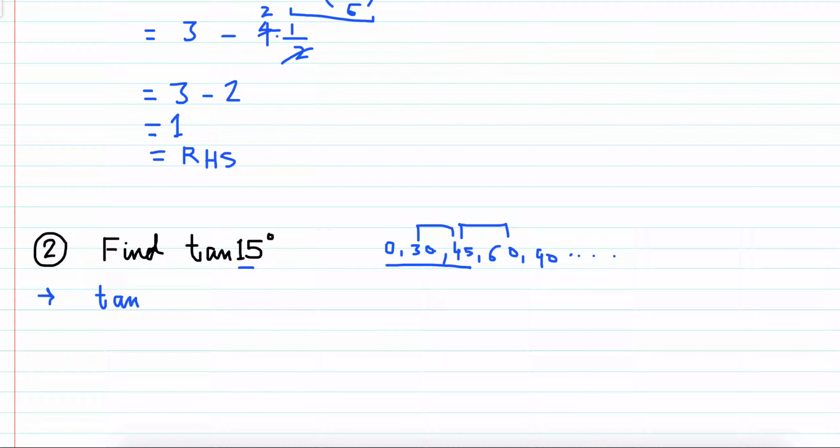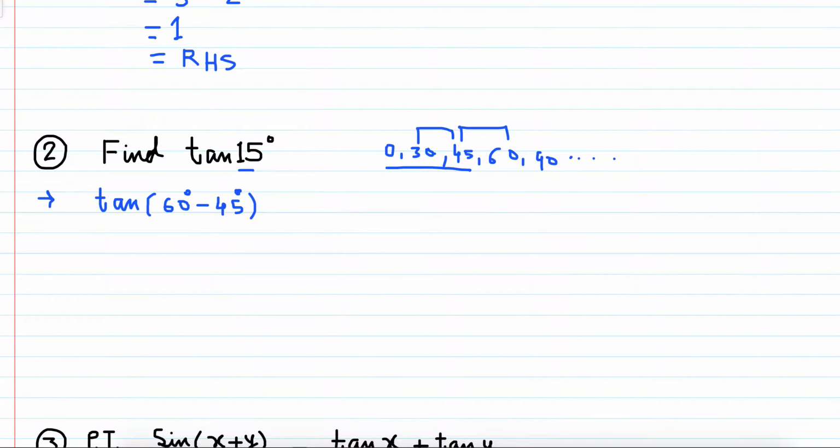I will pick 60 and 45. 60 degree minus 45 degree, and tan A minus B is tan A minus tan B in the numerator divided by 1 plus tan A tan B in the denominator.